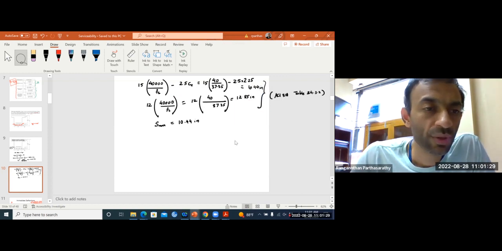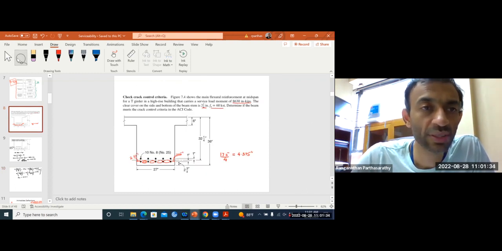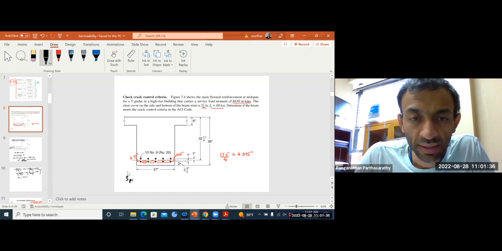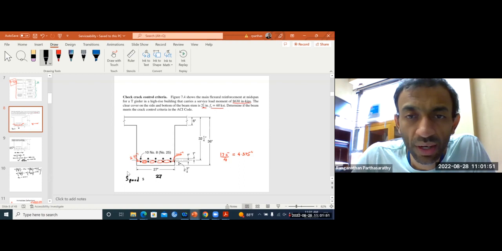Okay. So let's check what is this provided spacing. Is it within 10.4 inches? So as provided, how do you calculate? You have total width of 27 inch. Then you take out end to center, which is 2 and 1/4 plus half of bar diameter. Number 8 bar is 1 inch diameter, so half inch. Half plus 2 and 1/4 is 2 and 3/4.